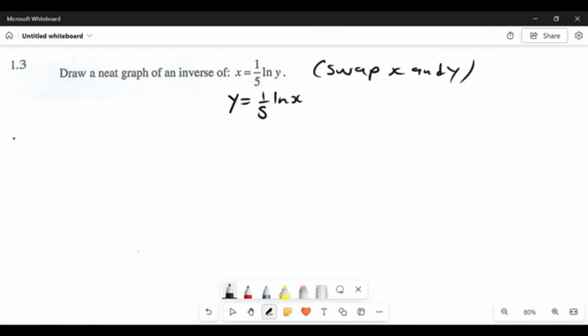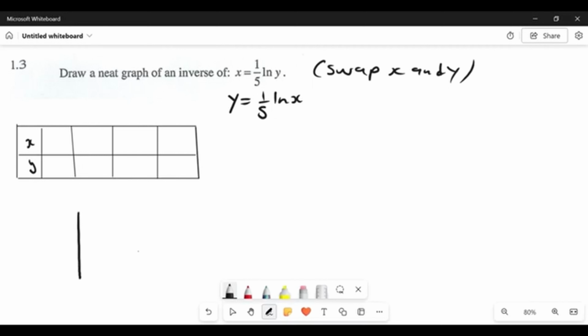So before I insert the x values, I need to mention something about the natural log graph or the log graphs. What you need to know is the log graphs, they tend to asymptote at y-axis. Here's what I mean. Meaning the log graphs, they look like this, the shape of the log graph. Some will look like that.